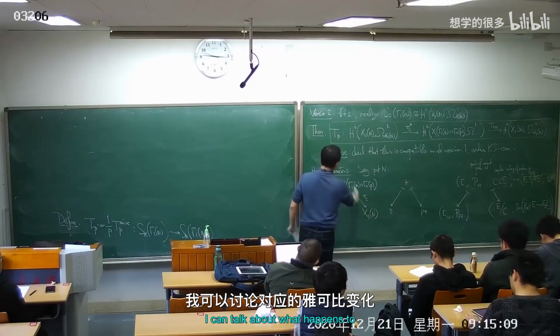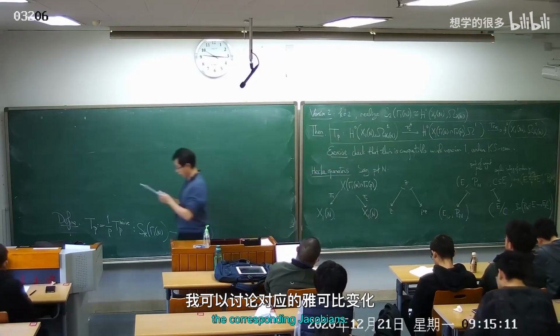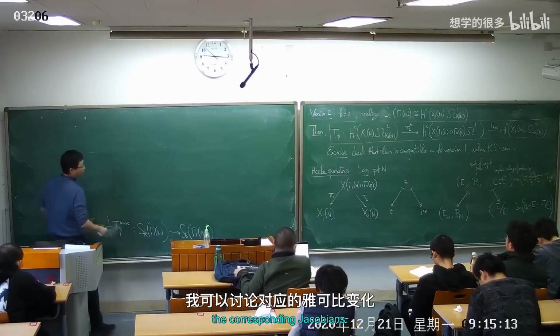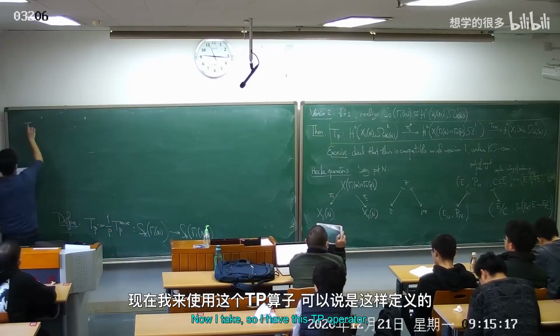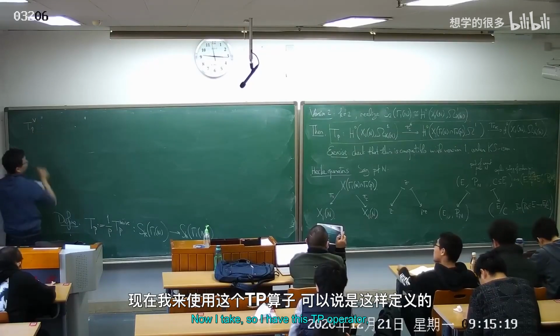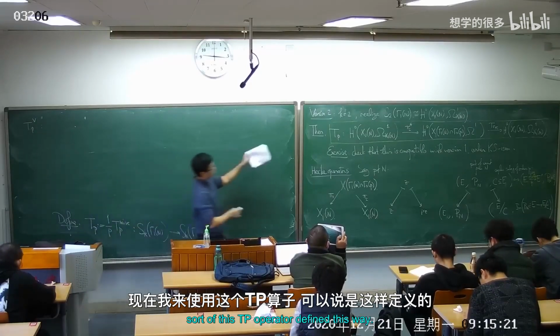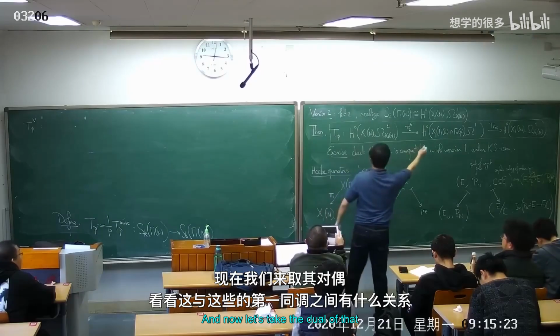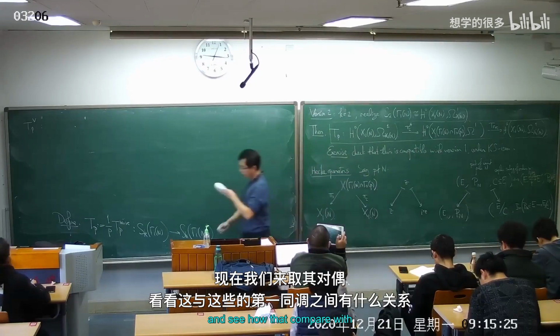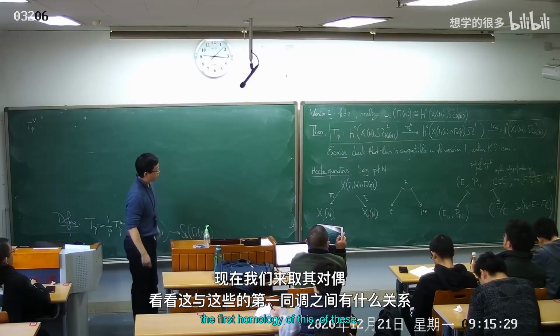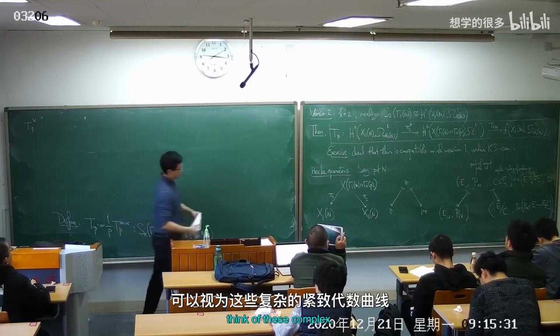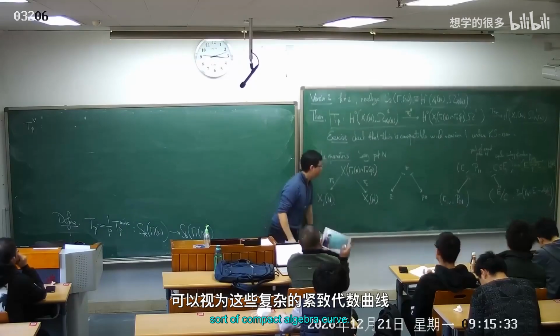I can talk about what happens to the corresponding Jacobians. So let's make things a little bit more explicit. Now I have this T_p operator defined this way. And now let's take the dual of that and see how that compares with the first homology of these. Think of this complex algebraic curve.